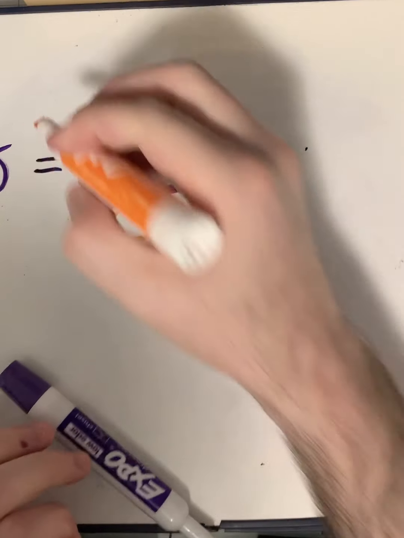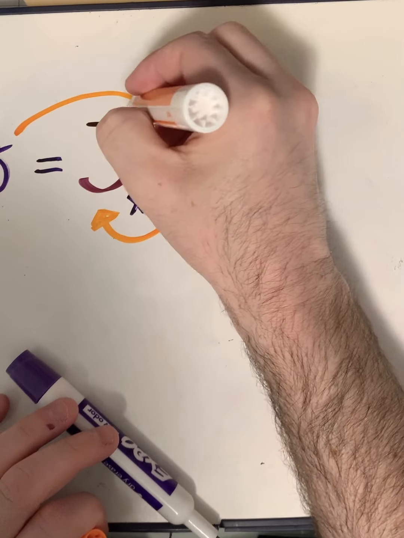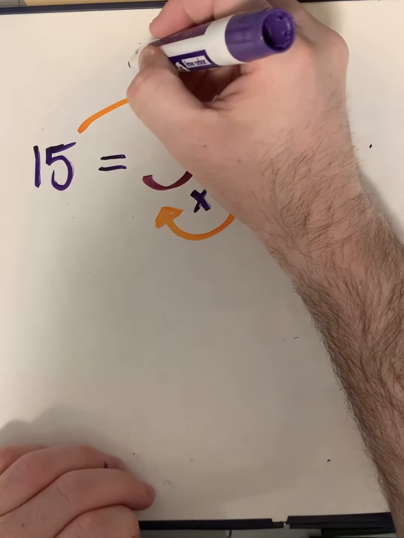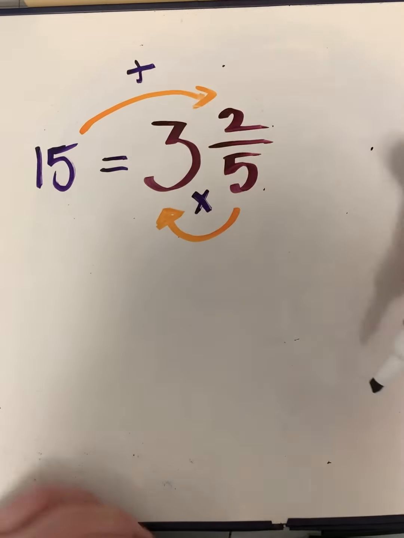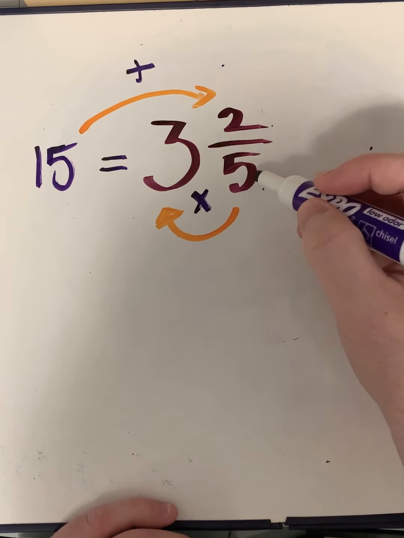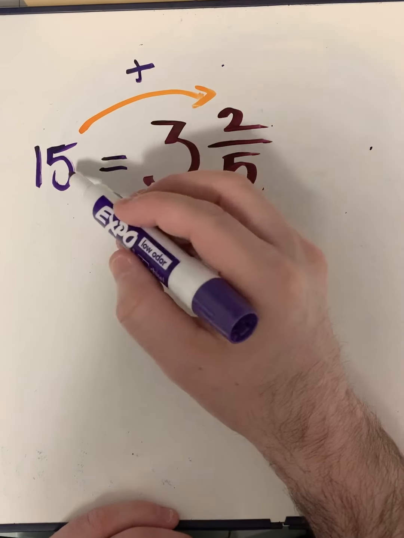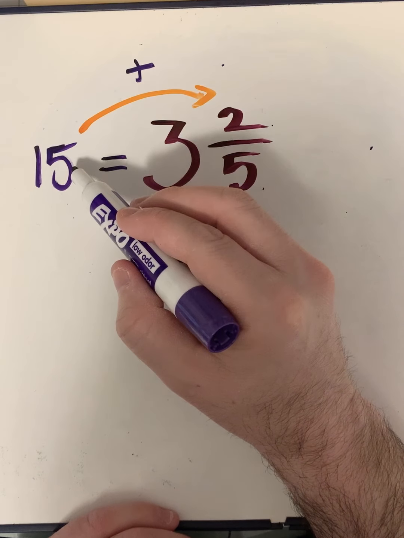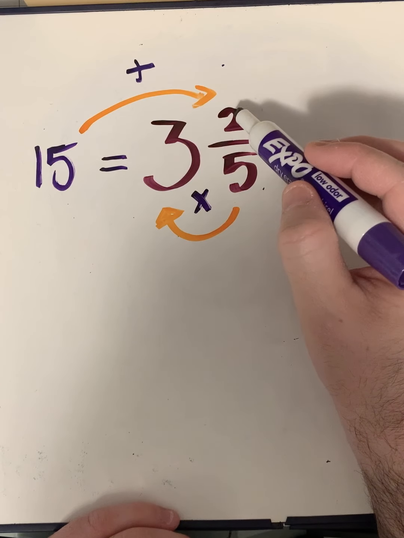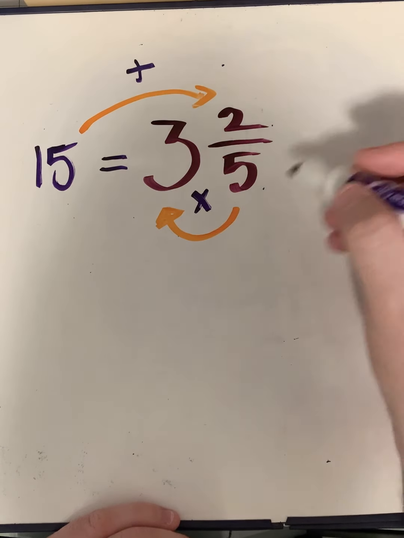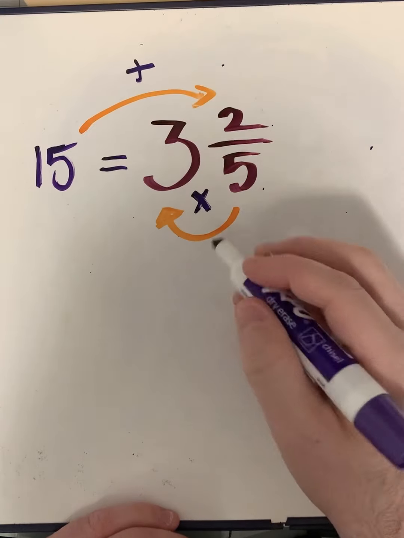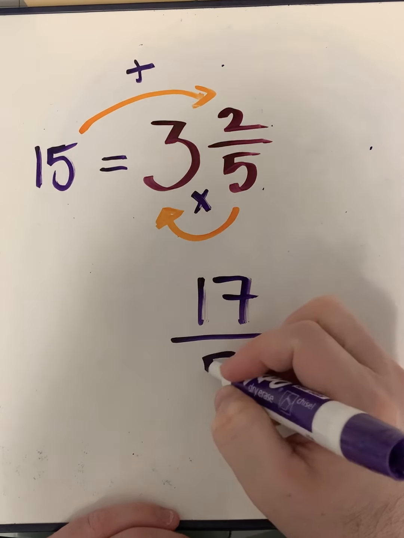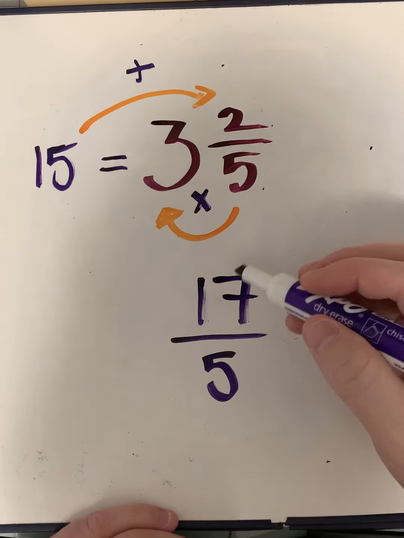And you're going to take this 15 and add that number to the numerator. So you're multiplying the denominator by the whole number, getting an answer, and then adding that answer to the numerator. So in the end, I would get 15 plus 2 is 17, and I keep my denominator the same. So 17 over 5.